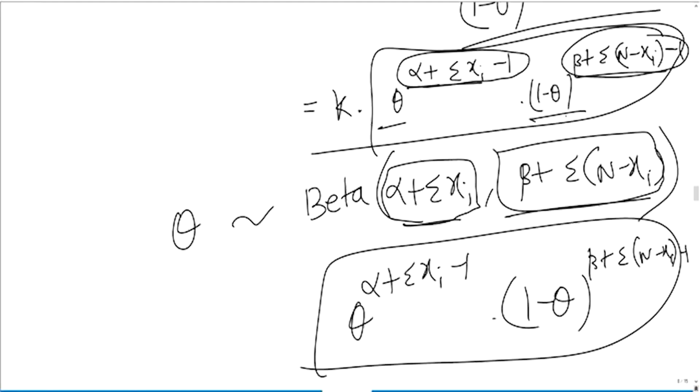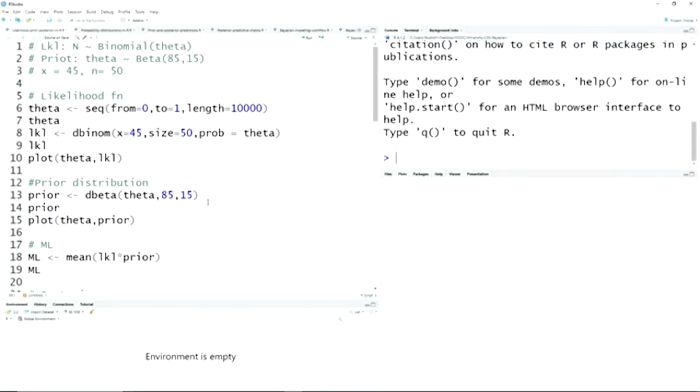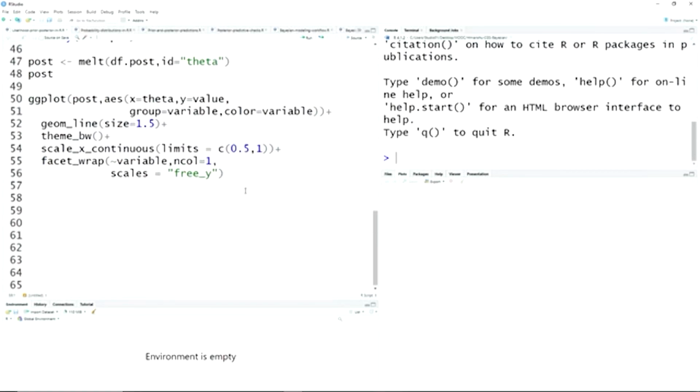Okay. Let us take this example quickly in R and see how the analytically derived posterior would look in R. Okay. So suppose you did an experiment where you are recording number of correct responses, and you did such 5 experiments.